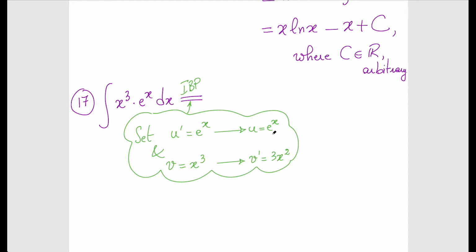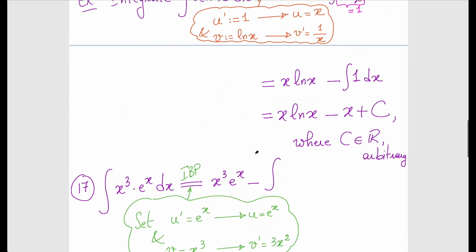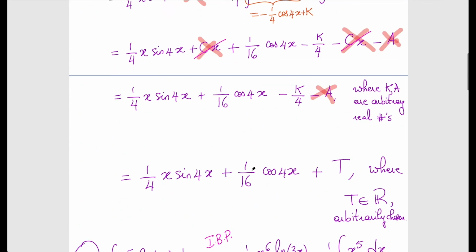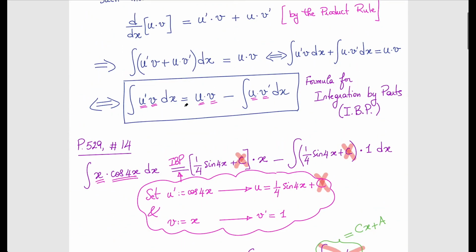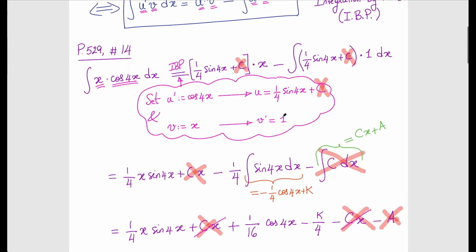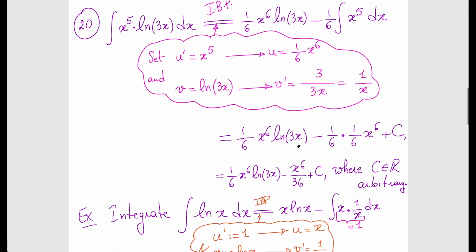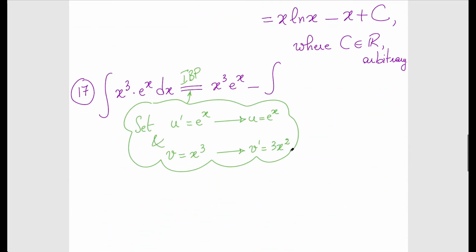Let's use integration by parts here with this package, and we obtain u times v, so x cubed times e^x, minus the primitive of u v prime. This is what the formula was: u v minus the primitive of u v prime dx.